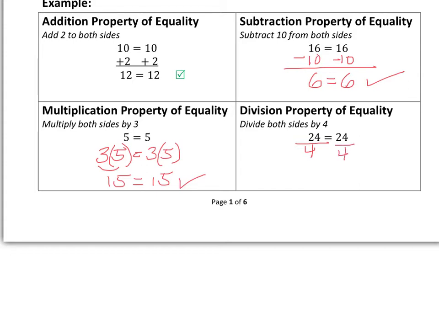I'm starting out with 24 equals 24. 24 divided by 4 is 6. And 24 divided by 4 is 6. I still have equality. So that's it. That's a simple concept. Whatever you do on one side of the equal sign, you can do exactly the same thing on the other side and still maintain equality. And this is very important in solving equations.